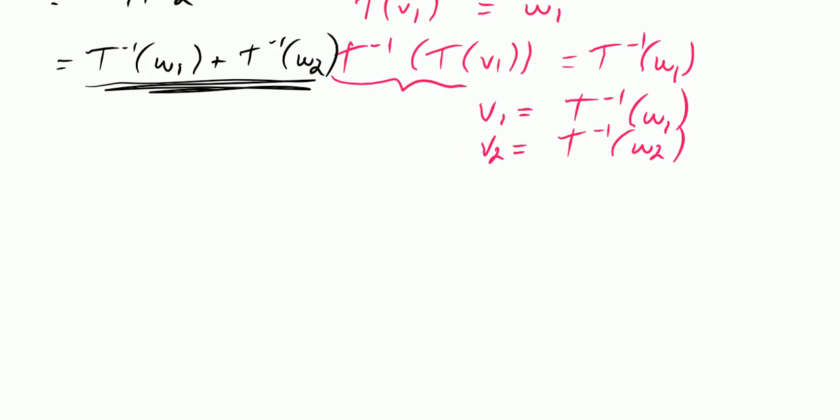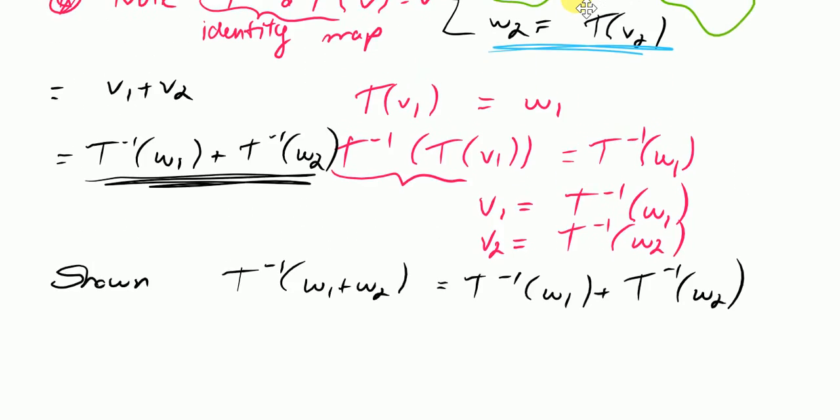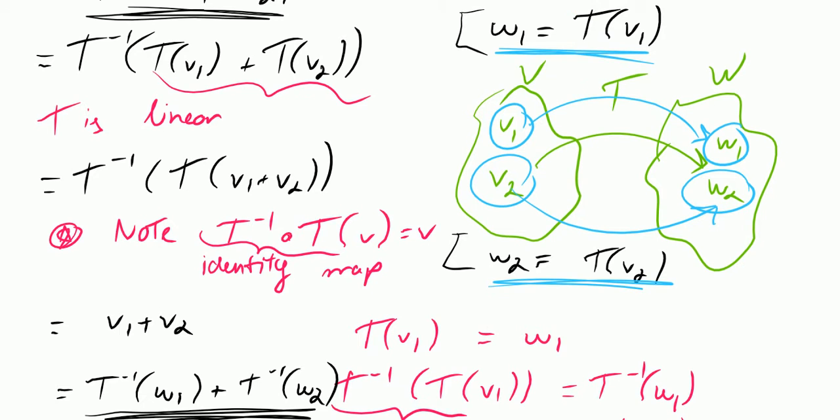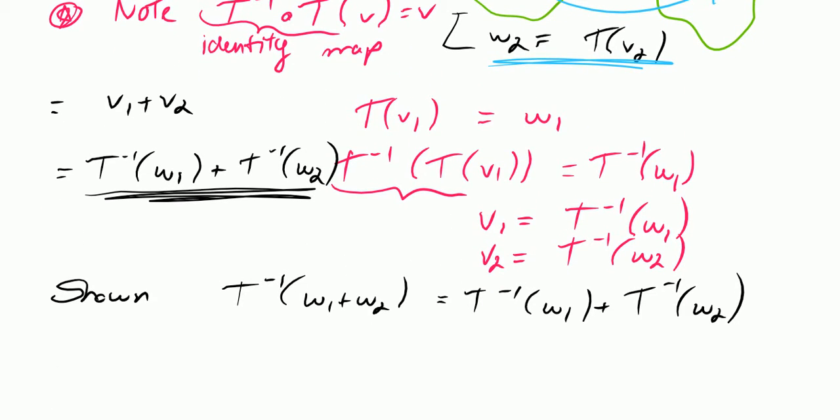So I've shown the first part of my proof, that T inverse of W1 plus W2 is equal to T inverse of W1 plus T inverse of W2. It's just showing that if you take the addition of two elements and you apply the mapping, then it's just the mapping added together, right?